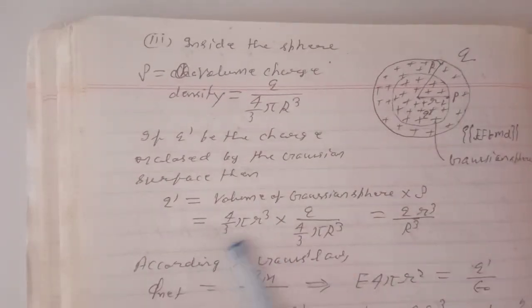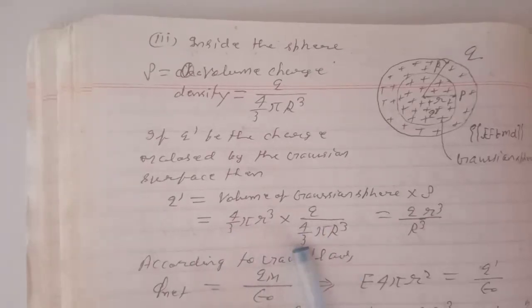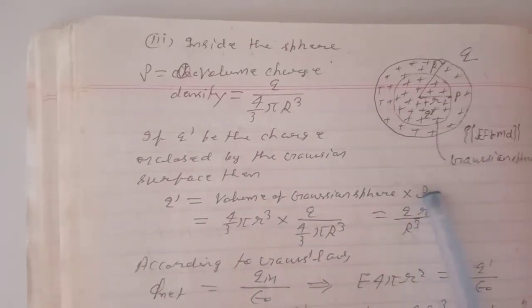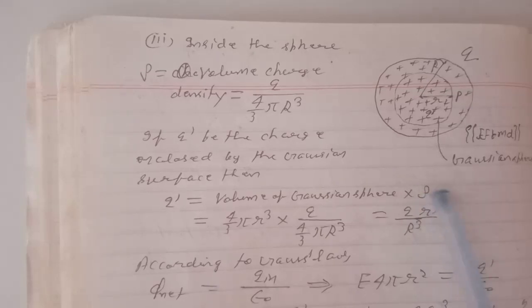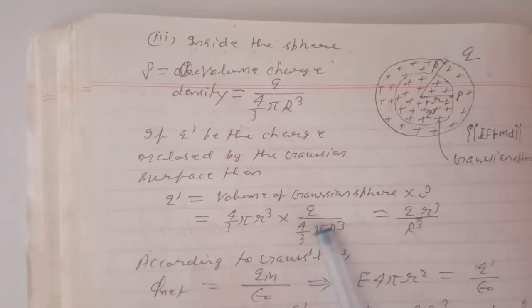Now the volume of the Gaussian sphere will be 4 by 3 pi r cube, into the volume charge density rho, which is Q by 4 by 3 pi R cube. Here this value is calculated.